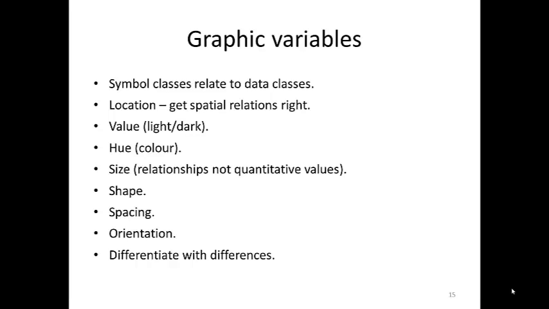But essentially, you want to make sure that when you are thinking about your different variables, you want your classes, the symbols, to match the data. It might be a color scheme. You know when you've got a range of values from -1 to +1?